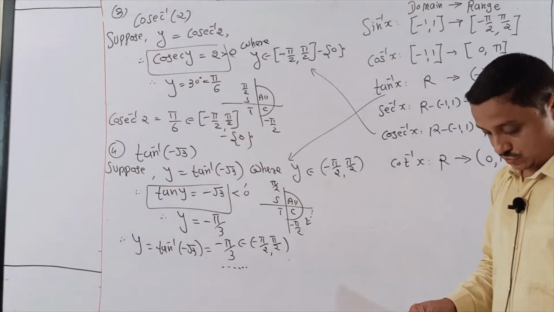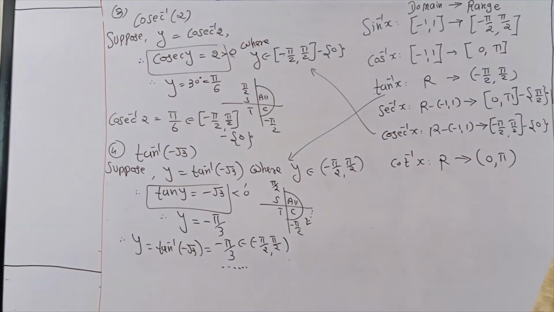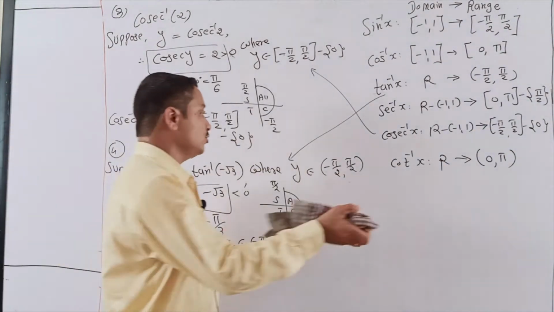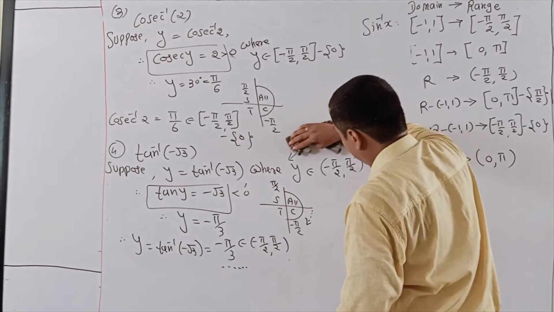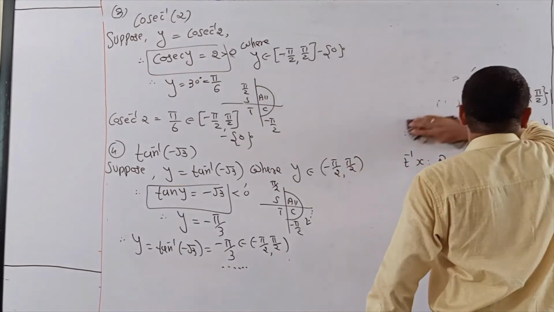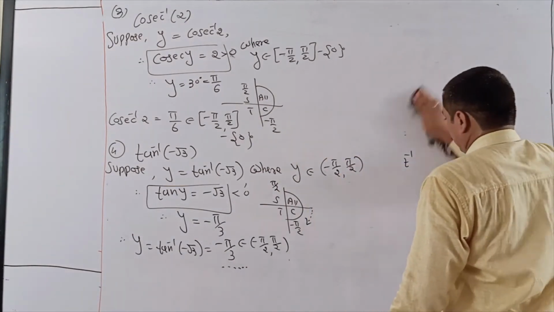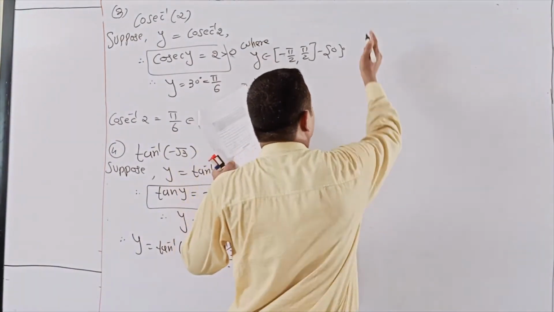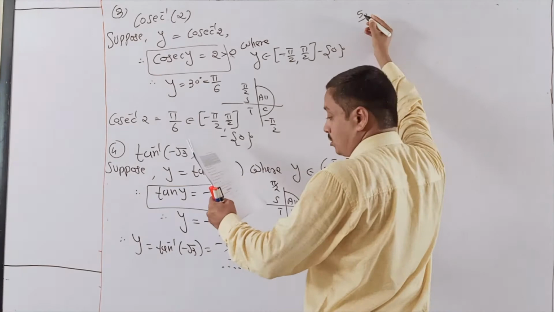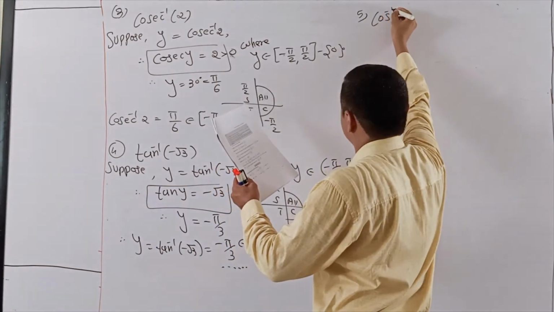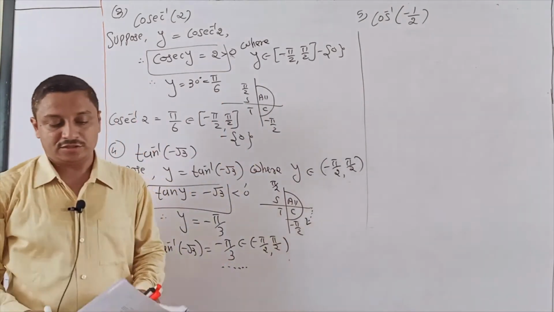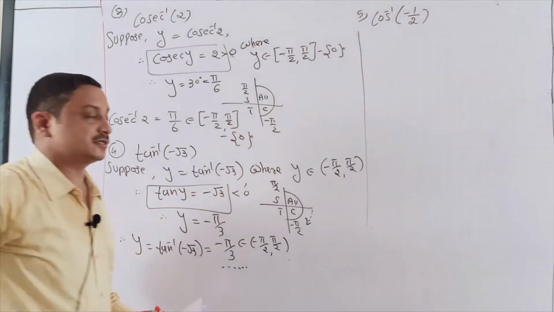Now continue, move ahead. Question number 5. Yes, students, I go to the fifth one. The fifth is also the same: cos inverse of minus half, with the same explanations as our previous sums.